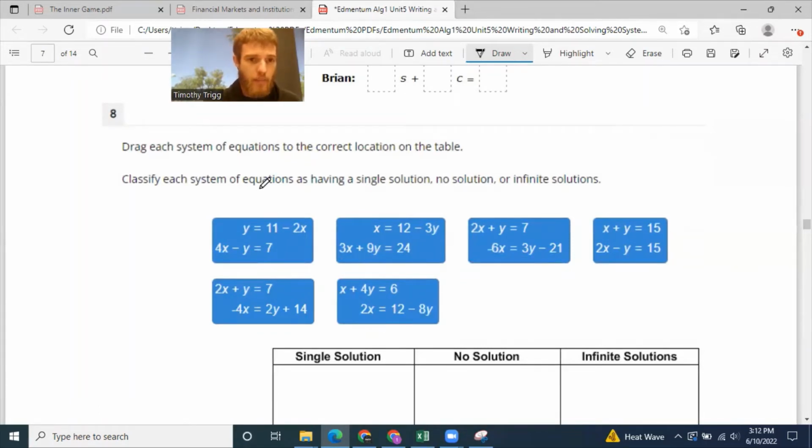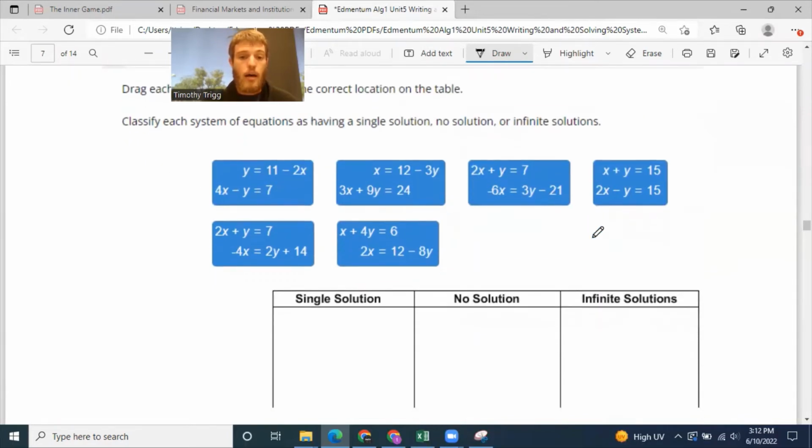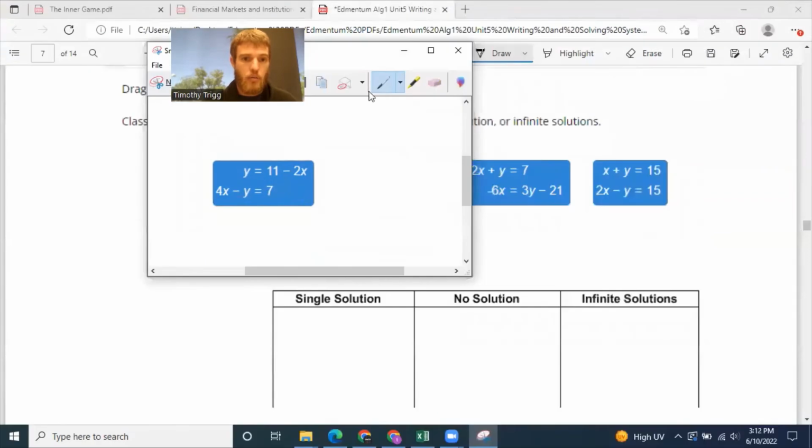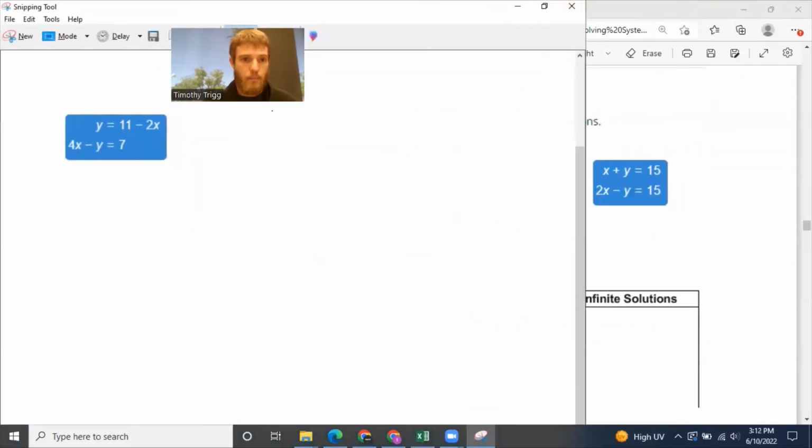You can see that some of these are not lined up nicely for using elimination. So, well, let's just start working through them, I guess. Some of them I'll ask you to do on your own, but for the most part, I'm going to do quite a few of these with you.